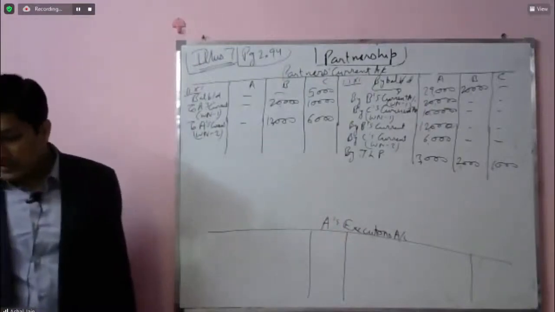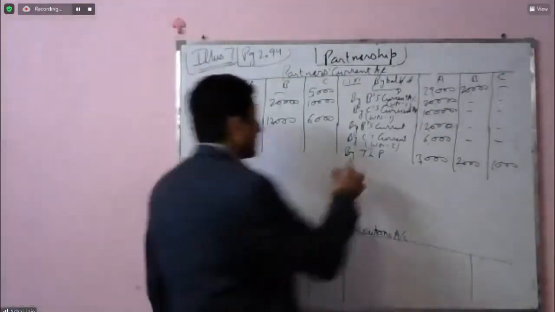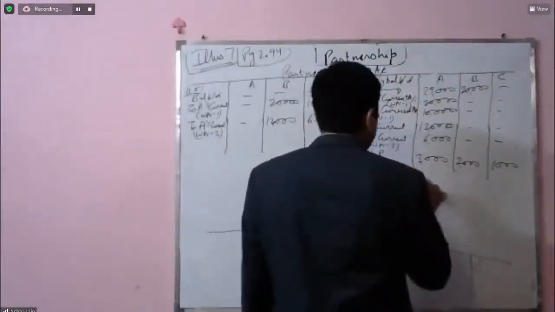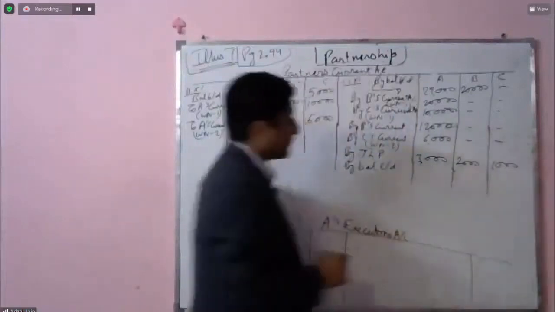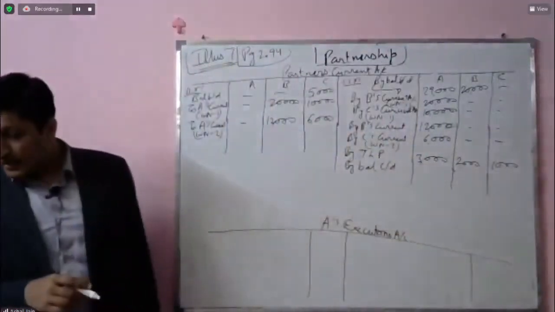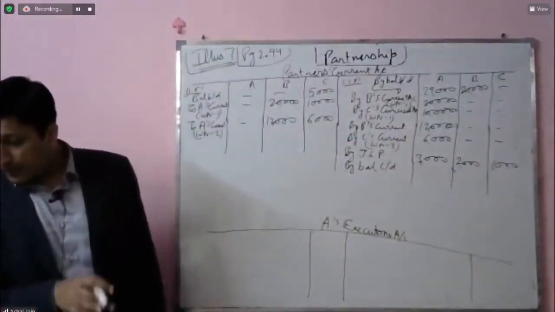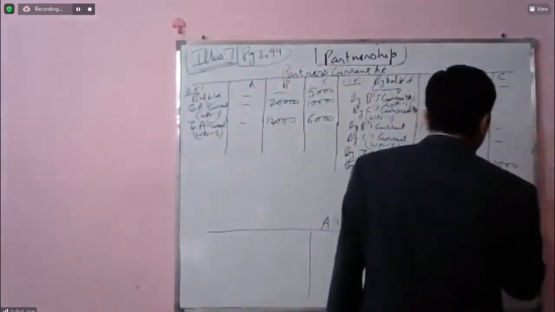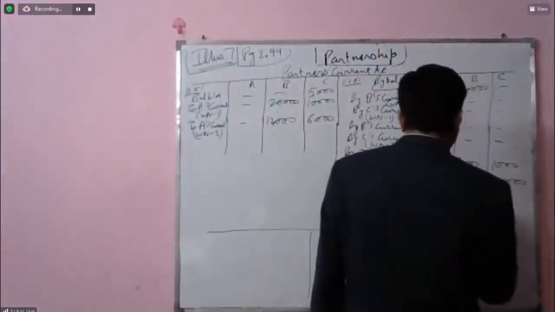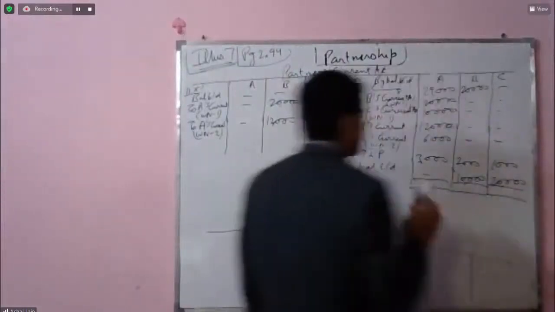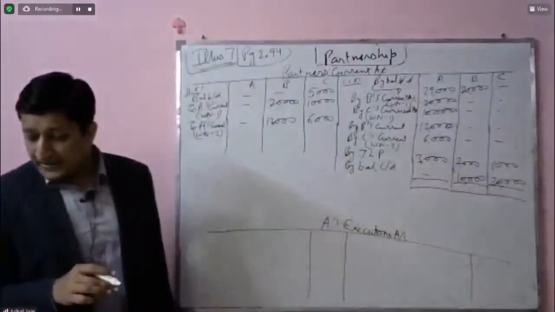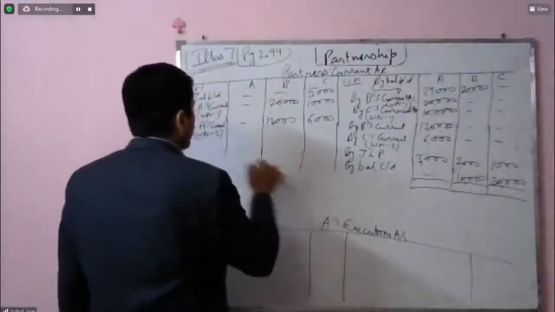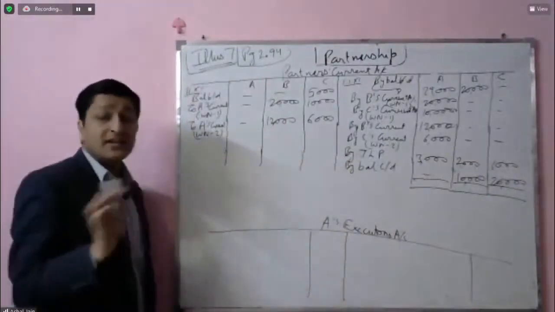So we can say by balance carried down, this becomes 10 and 20 for B and C. Yeah, and this is 80,000 for A. Now for A, we will not keep it in the current account.